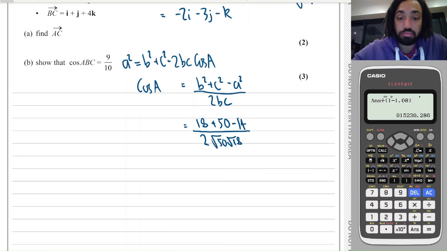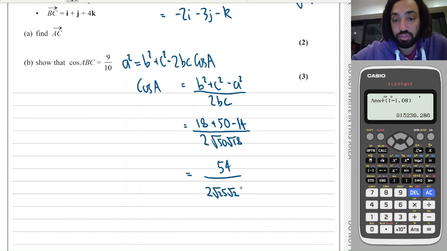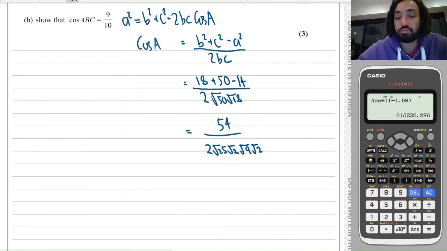Okay, I could put that into my calculator, but it does say show that, so I might just do a few calculations here. So that's 68 minus 14, which is 54, which is a multiple of 9, so that's good. And this is 2 lots of root 25 root 2, that's root 50, and root 9 root 2, which is 18.